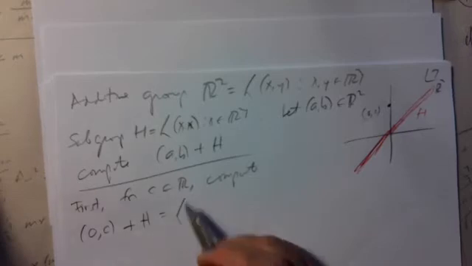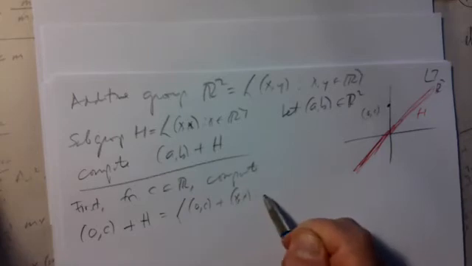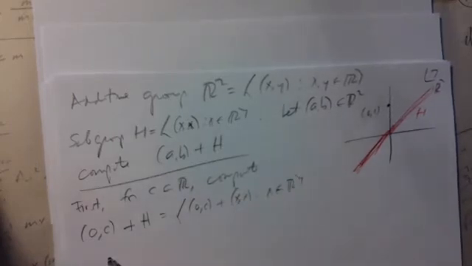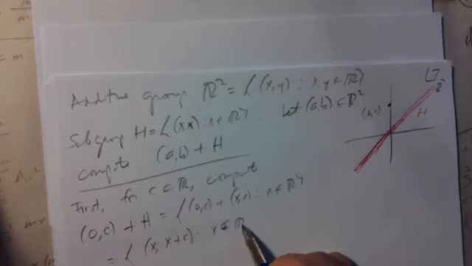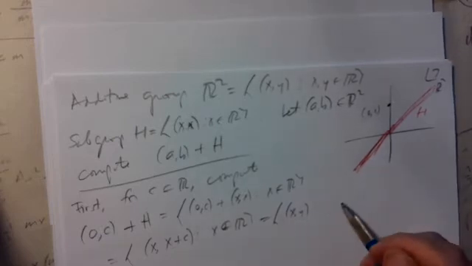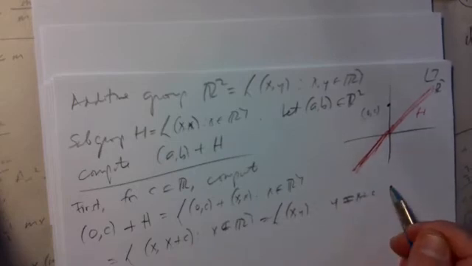So this is all points of the form (0, c) plus (x, x). When I add these together, I get (x, x plus c), which is just the set of all points (x, y), where y equals x plus c.